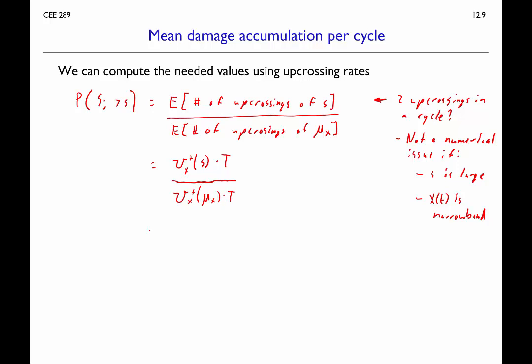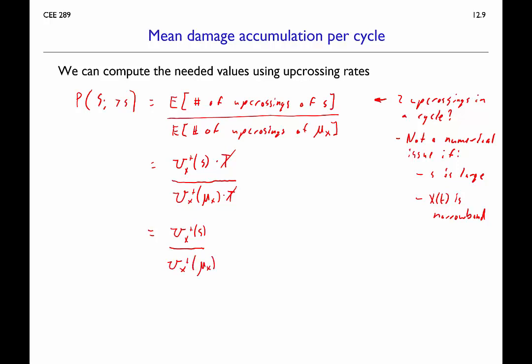And so those time intervals don't matter, right? It's really just the ratio of rates, and the ratio of numbers of up crossings are going to be equivalent. So we can cancel them out. So we have the rate of up crossings of S divided by the rate of up crossings of the mean.